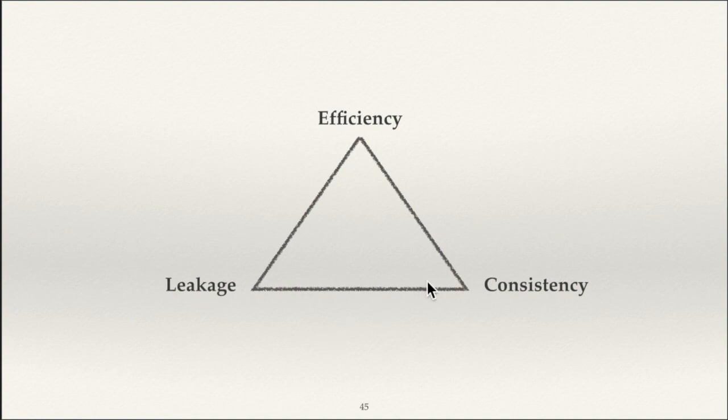For example, in distributed systems, we have seen works exploring connections between efficiency and consistency, while in cryptography, we have seen works exploring connections between leakage and efficiency. But this third relation is new and unexplored. And it'll be interesting to study this connection in more depth.